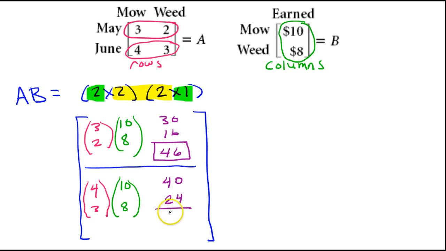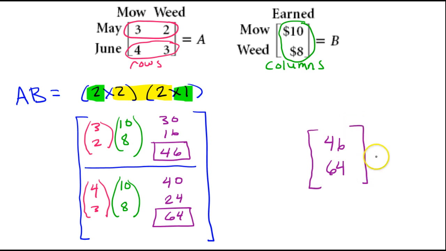That's going to be 64. So the product matrix AB is going to equal 46 and 64.